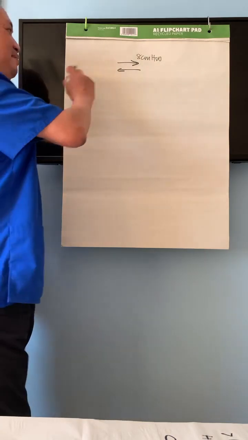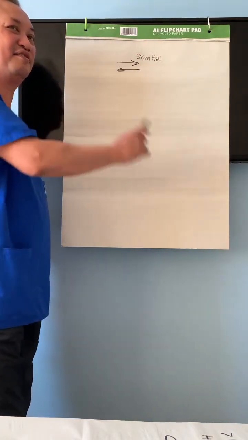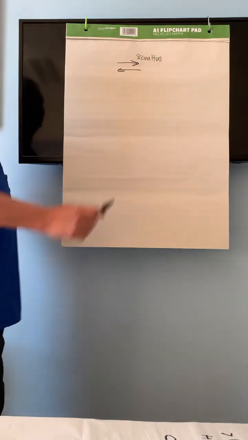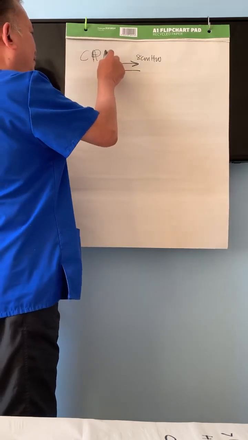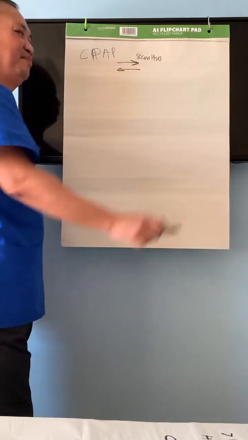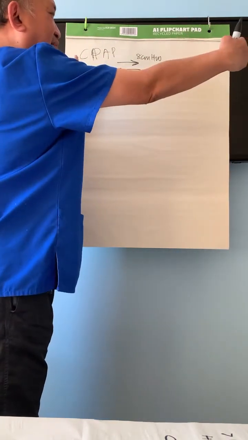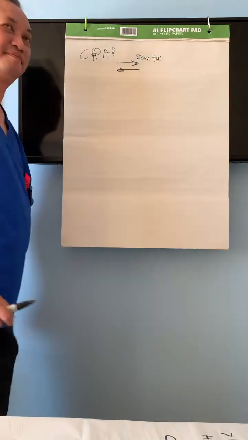So CPAP does not have an inspiratory phase. This is not called bi-level positive airway pressure. It's called CPAP, continuous positive airway pressure, because it's continuously blowing. At the time of patient breathing in, blowing. Breathing out, also blowing. That's why you cannot give too much pressure.